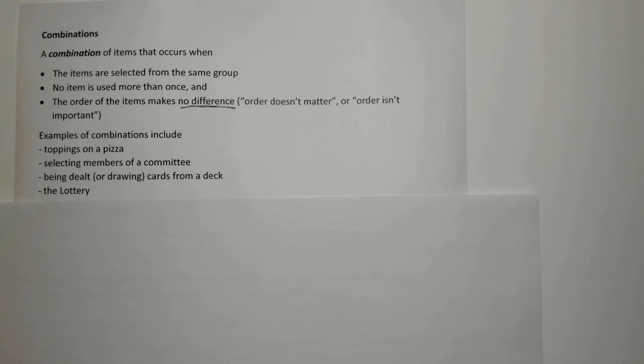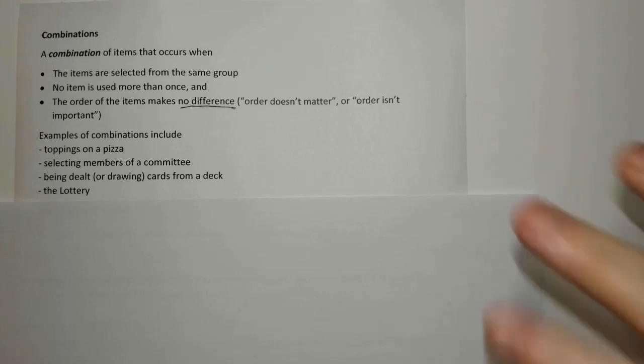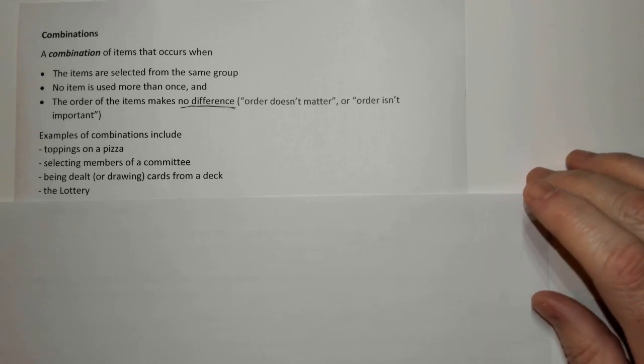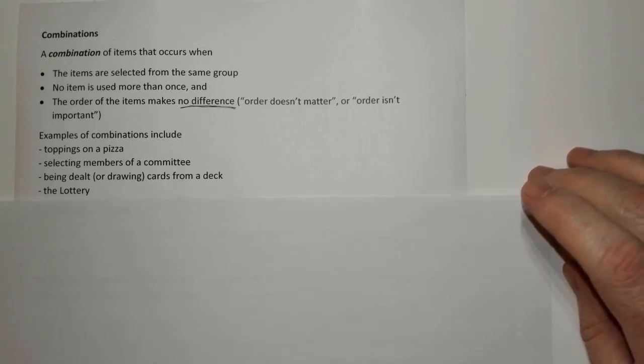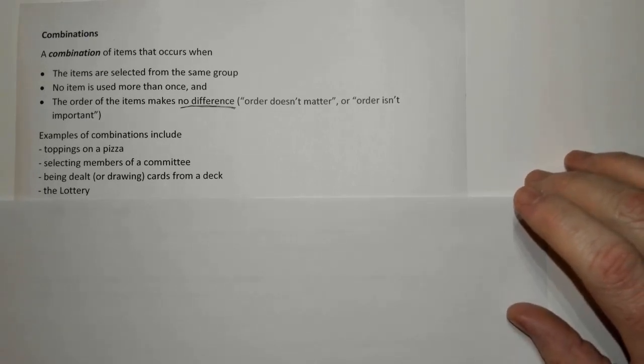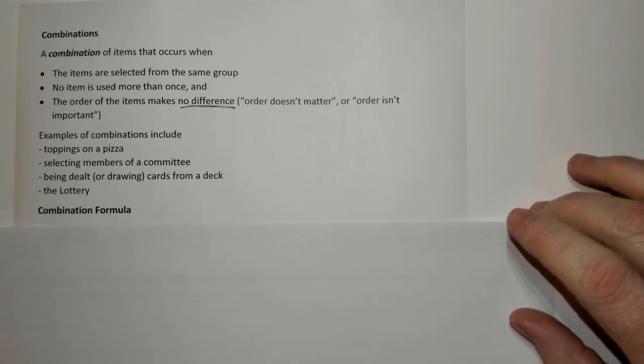Whereas if we were running a race, the order that the people place is important. So that's the big difference. We'll also talk about selecting members of a committee, being dealt or drawing cards from a standard deck of cards, and lottery questions are also combinations. So we'll just jump into it.